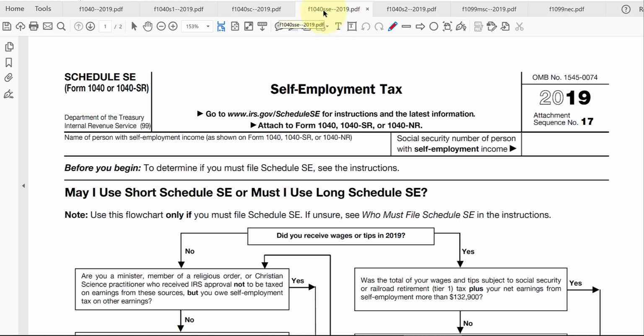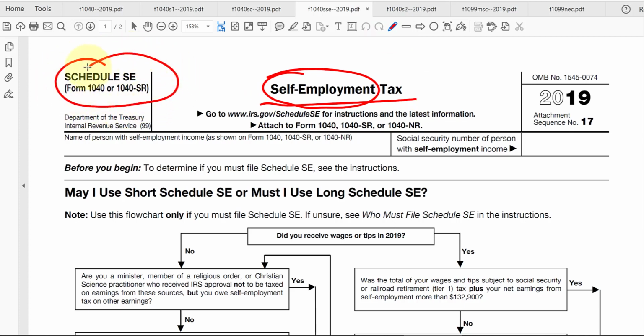Well, in the case of a self-employed taxpayer, there is no employer. You're the employer, right? So you've got to pay your own Social Security and Medicare taxes, and they call that tax the SE, or self-employment tax, that we calculate here on this Schedule SE, and we attach it to the 1040 form. We'll get more into this calculation possibly in Chapter 6.